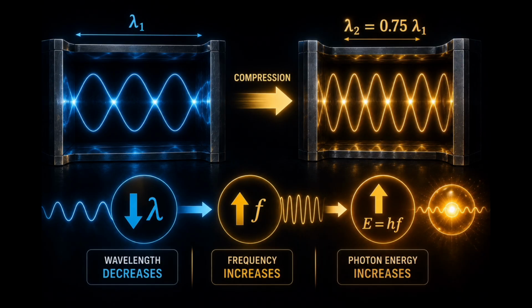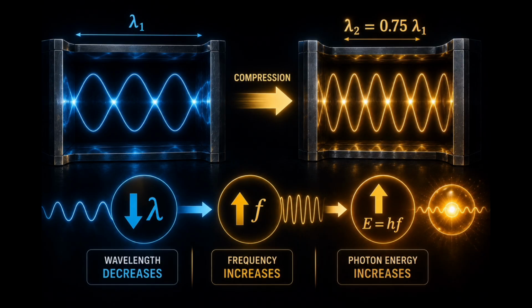Although the speed of light remains constant, shortening the wavelength forces the wave to oscillate more rapidly. That's why the first row at the bottom shows the wavelength decreases. The next arrow tells us what happens next.